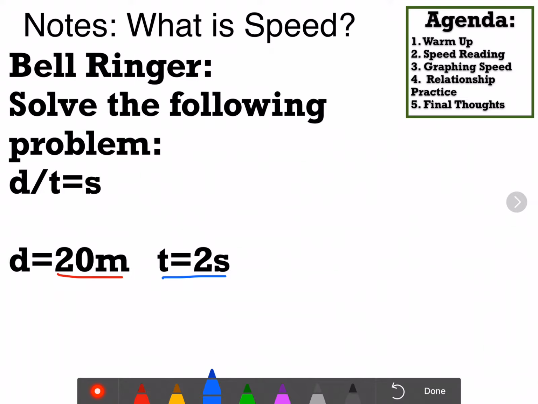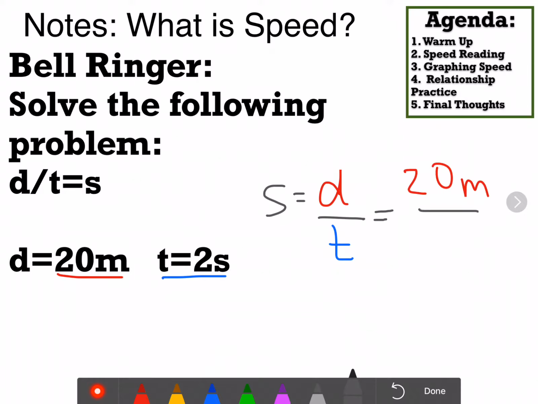If I'm solving this problem, I actually like to do it a little bit backwards. I like to go S is equal to, you put the variables first, the letters, D over T, and then that's equal to, what do we have here? We have 20 meters, divided by 2 seconds.